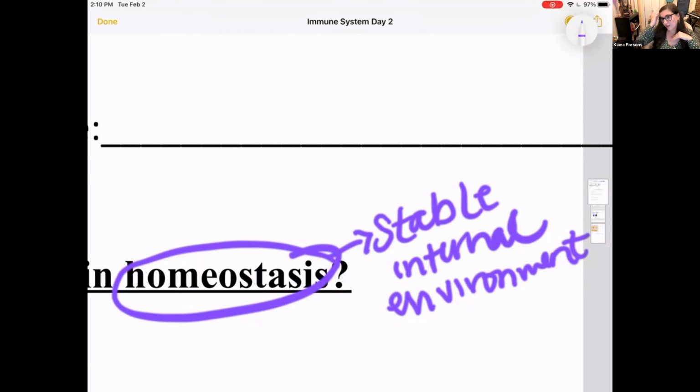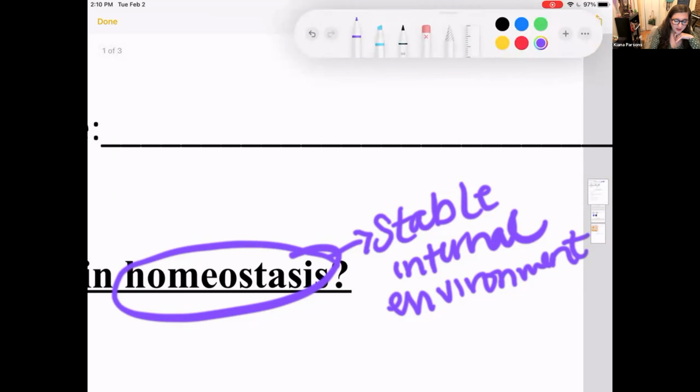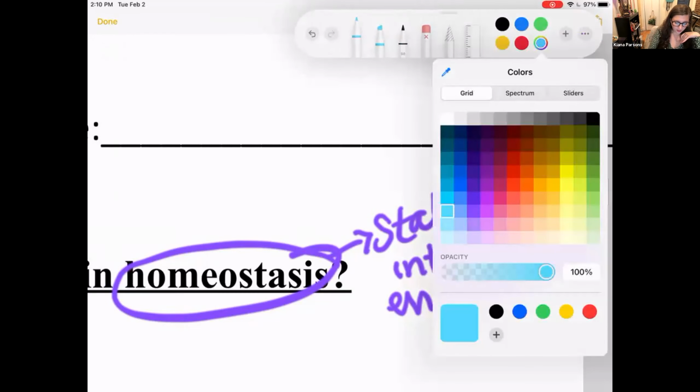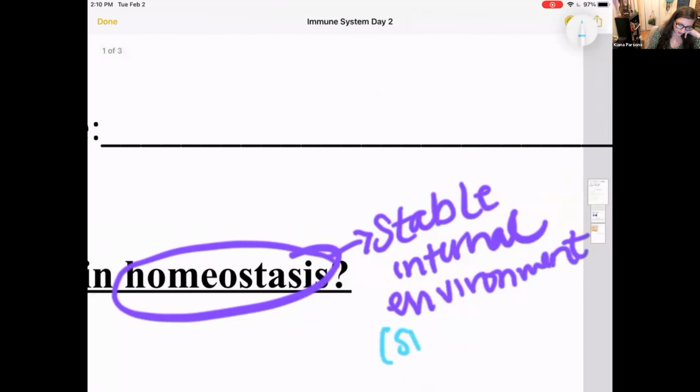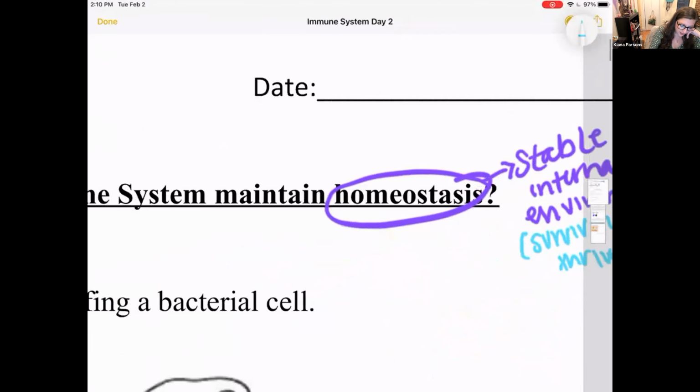You are surviving and thriving. That's homeostasis. Let's go ahead and add that. We are surviving and thriving, right? So homeostasis is that optimal state that we want to be in all the time.